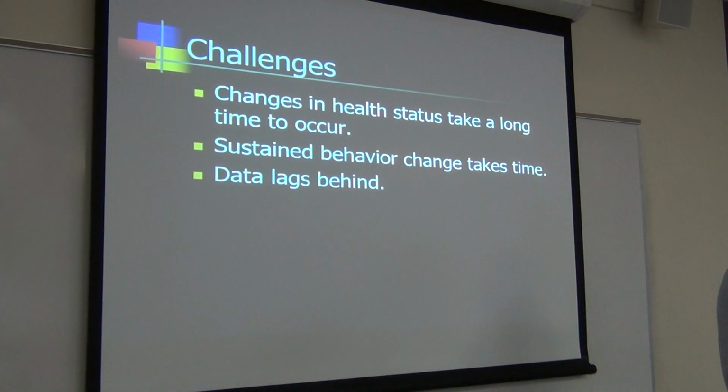Some of your state data, unless it's coming from the state health division or the state division of public and behavioral health, if you're waiting for it to come from the feds, it's going to take most of 2018 before the 2017 data gets released. So understand that if you're doing any kind of evaluation, it's going to take time for that data to get there.